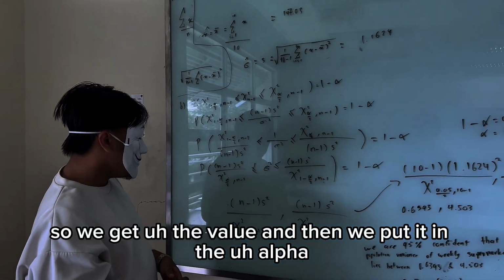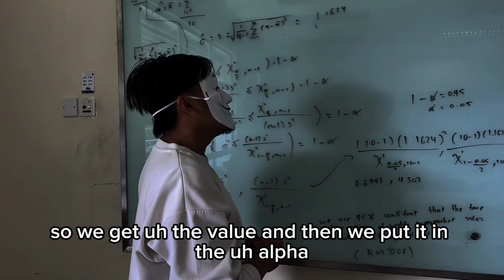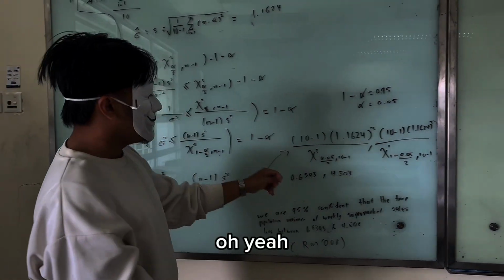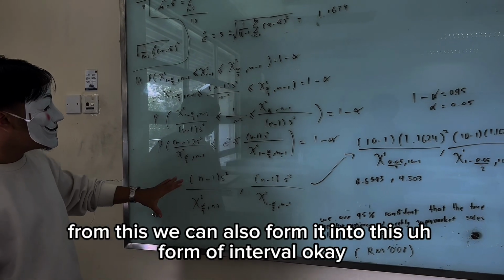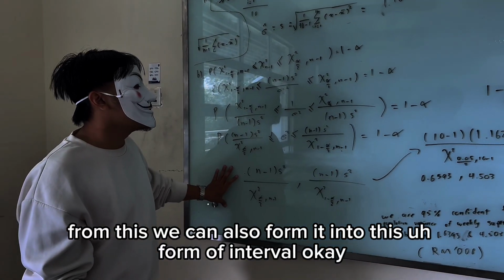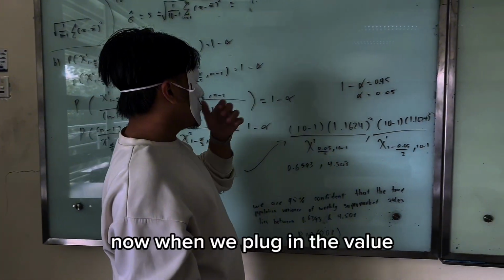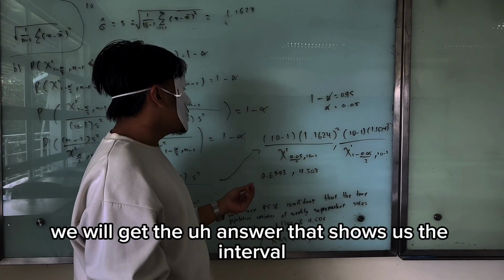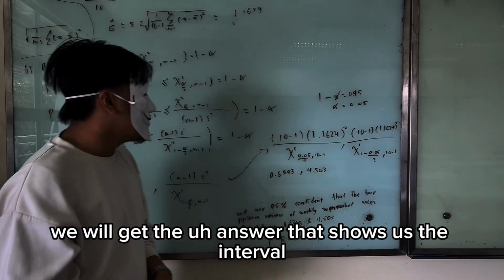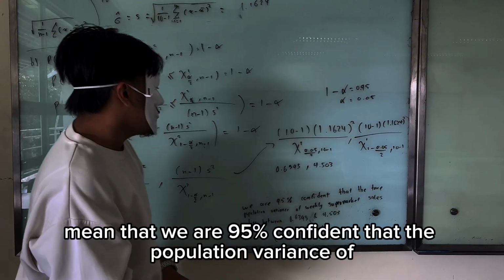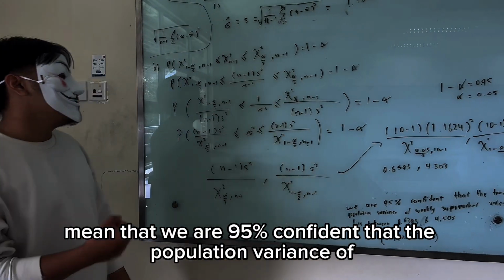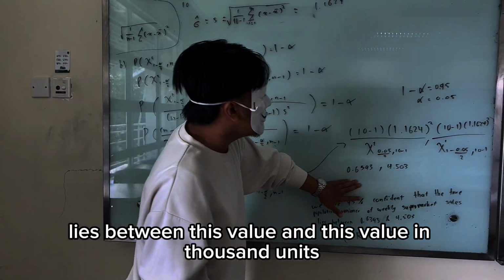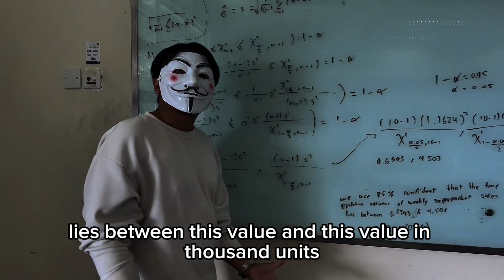We get the value and put it in for alpha. From this, we can also form it into this interval form. When we plug in the values, we get the interval. This interval means that we are 95% confident that the population variance of weekly supermarket sales lies between this value and this value in 1000 units.